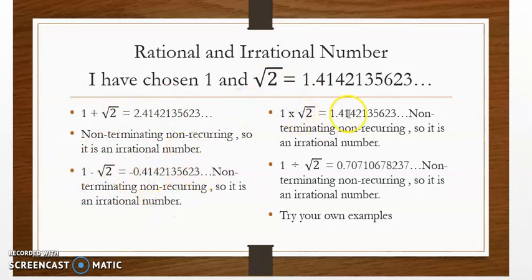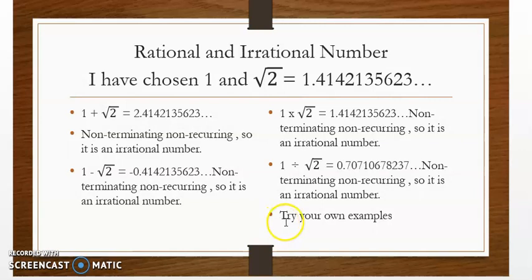Now let us look at multiply. Multiplying 1 into root 2 will be again a non-terminating, non-recurring number, so it is also an irrational number. Dividing, you can verify this using a calculator, that is also a non-terminating, non-recurring number, so that is also an irrational number.